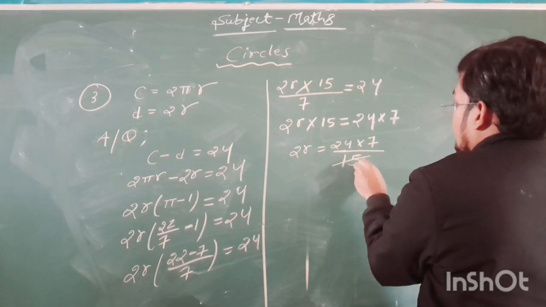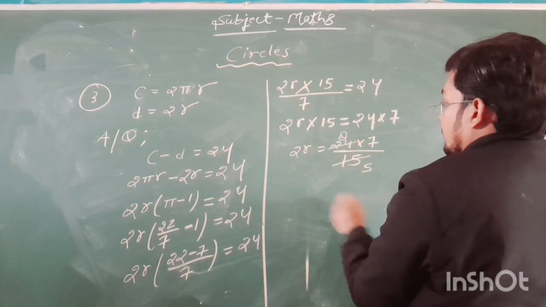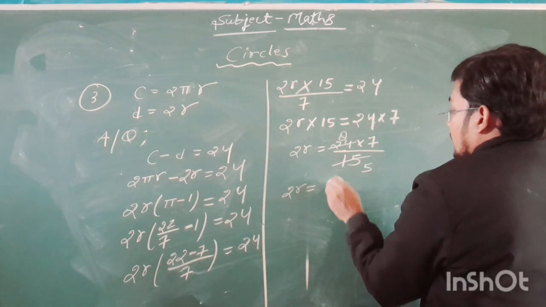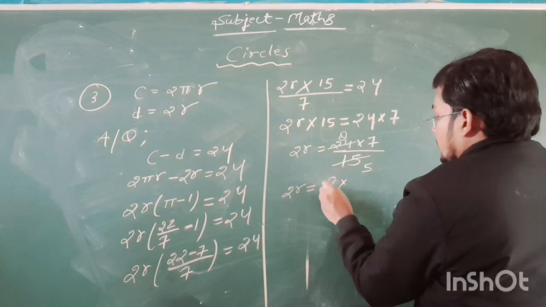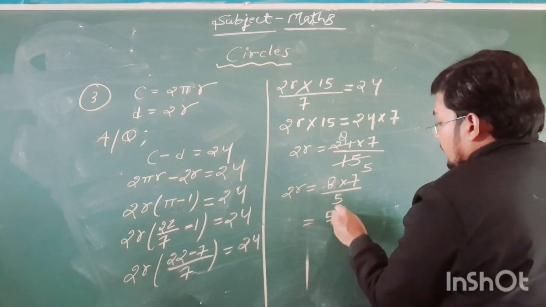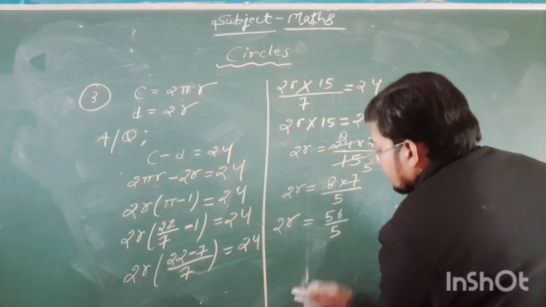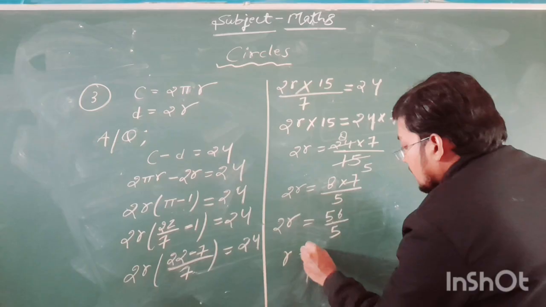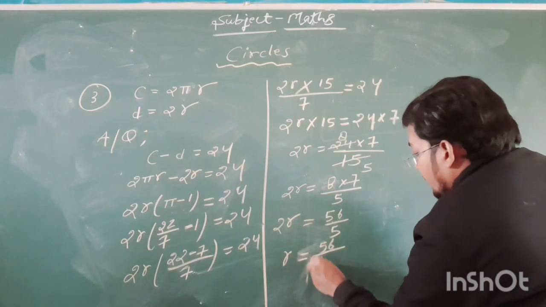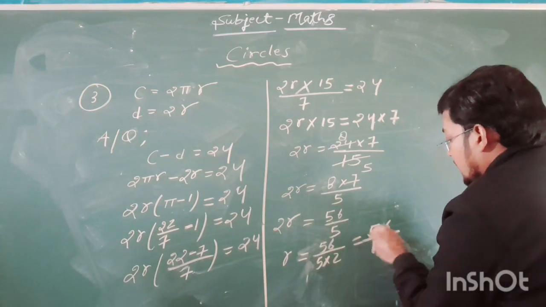Here 3 5s are 15 and 3 8s are 24. So 2r is equal to 8 into 7 upon 5. 8 7s are 56 upon 5, which is equal to 2r. And r is equal to 56 upon 5 into 2, so 56 upon 10.